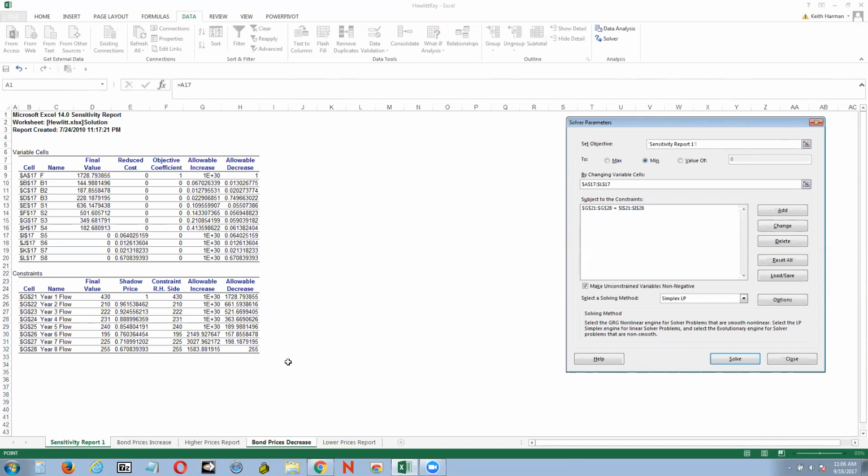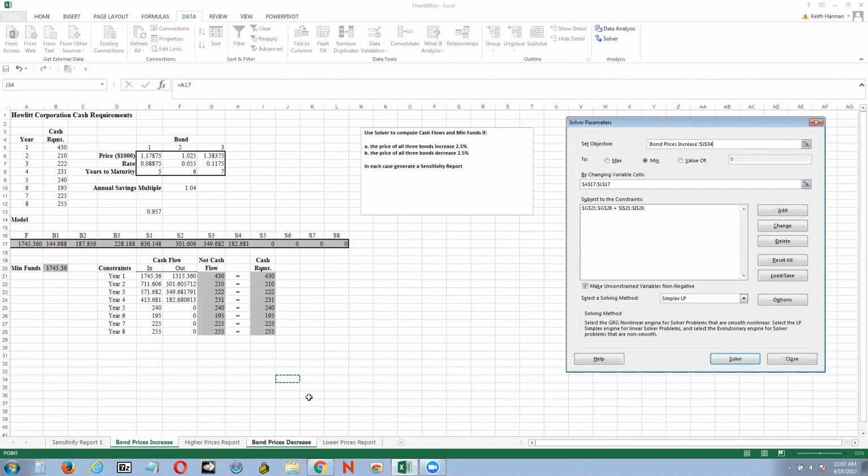It just shows you how much of a change you're going to get, and it shows you also the ranges in terms of an allowable increase and an allowable decrease. So it lets you see what your parameters or your limits are, and that's pretty much what that sensitivity report is all about. That's all it's intended to do.